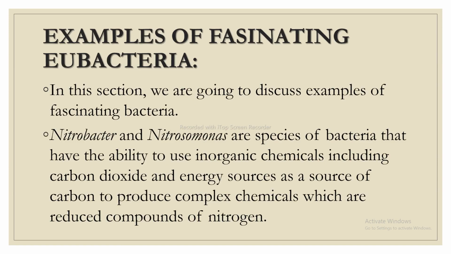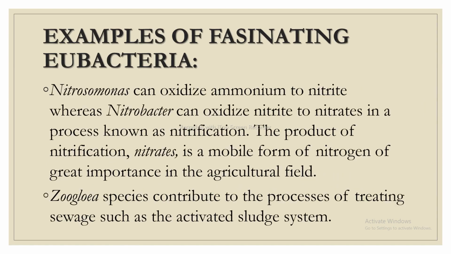Nitrobacter and Nitrosomonas are species of bacteria that have the ability to use inorganic chemicals including carbon dioxide and energy sources as a source of carbon to produce complex chemicals which are reduced compounds of nitrogen.